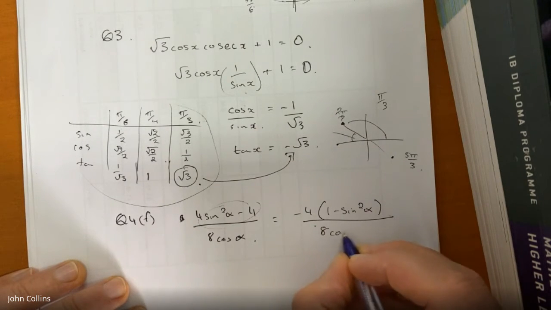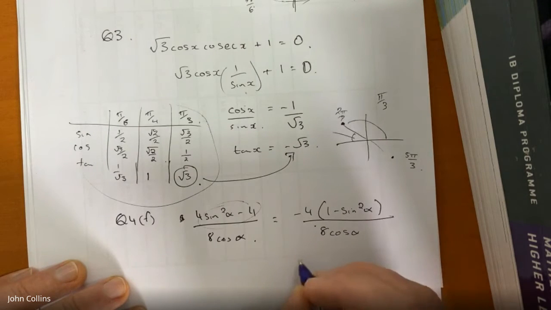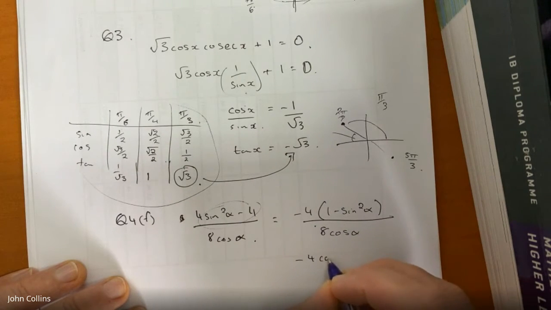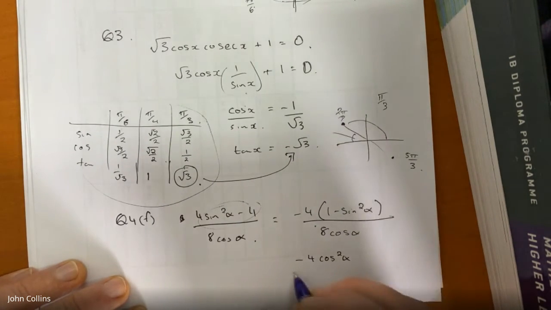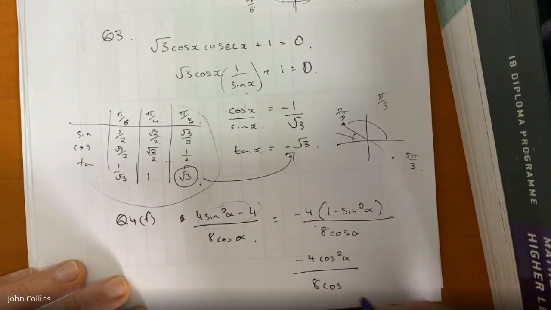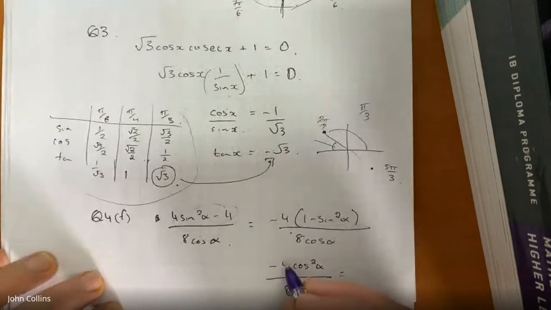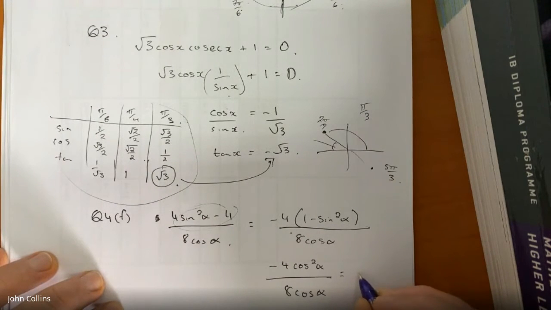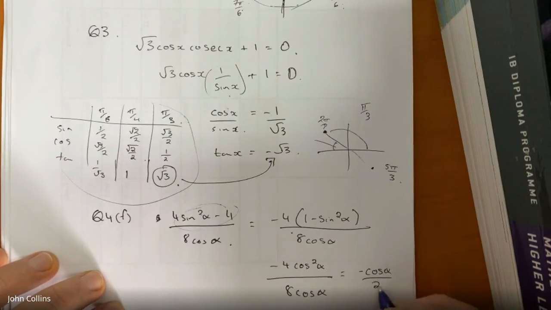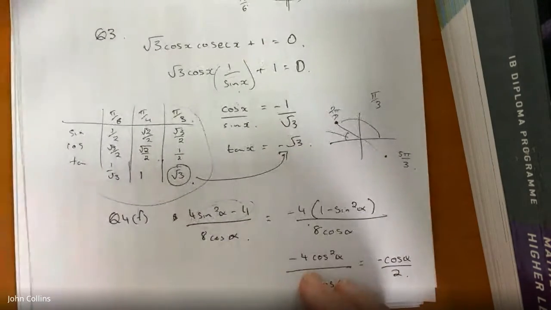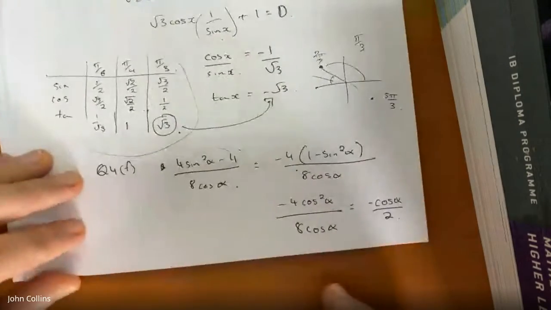So you get minus 4 cos squared alpha from our formula booklet, over 8 cos alpha. So one of the cosines is going to disappear, and that's going to be a half. So a half cos alpha, or negative cos alpha over 2. Yeah, sweet. Very good.